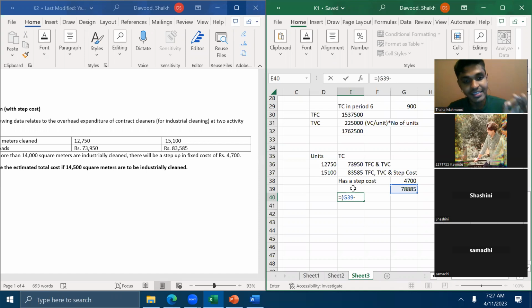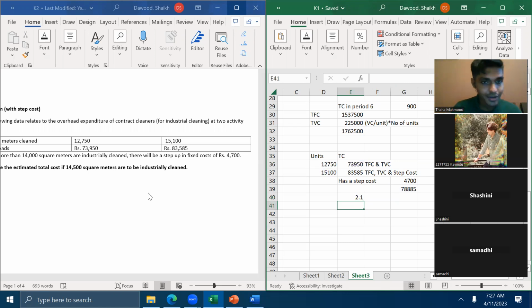It has to be the cost at the highest activity level and the highest activity level, and then the cost at the lowest activity level and the lowest activity level. Then we will get the change in total cost, and we will divide by the change in units. So 2.1 is the variable cost per unit.